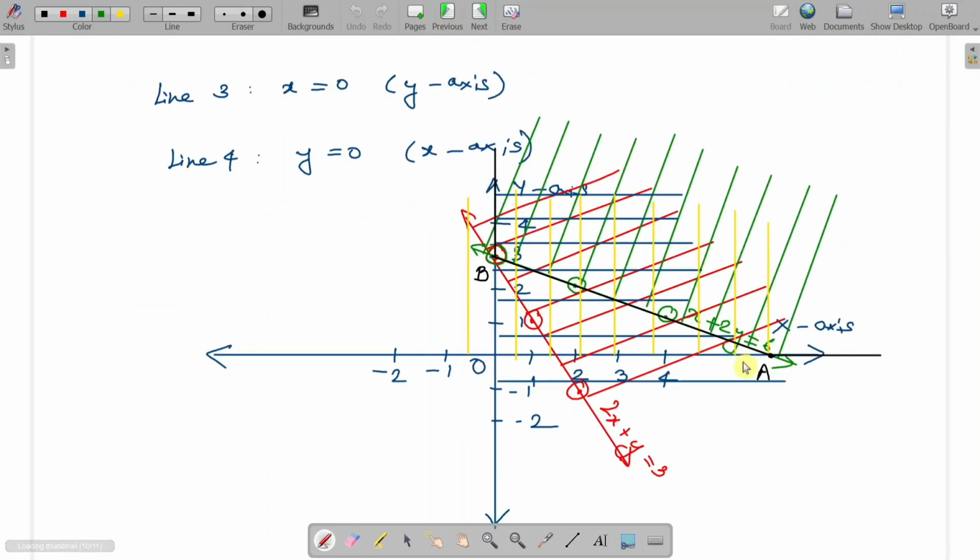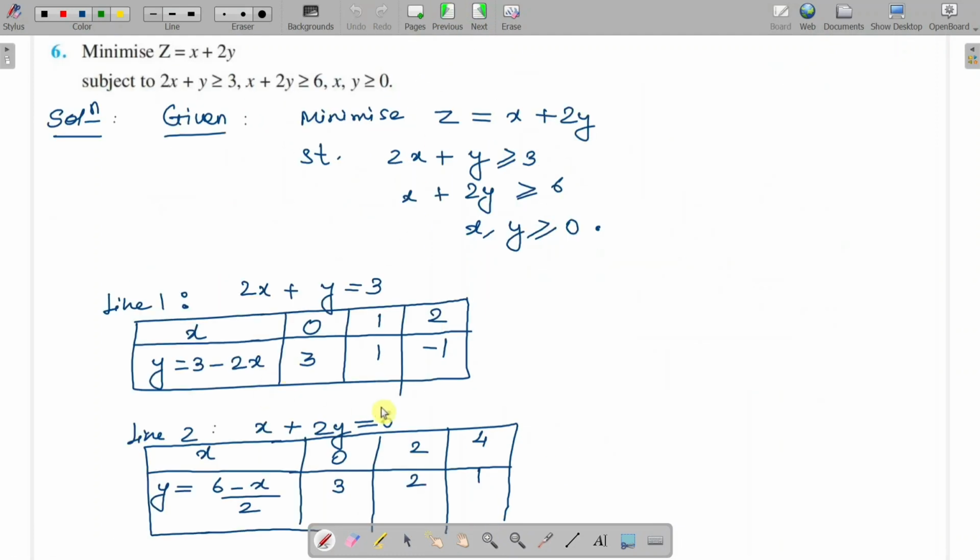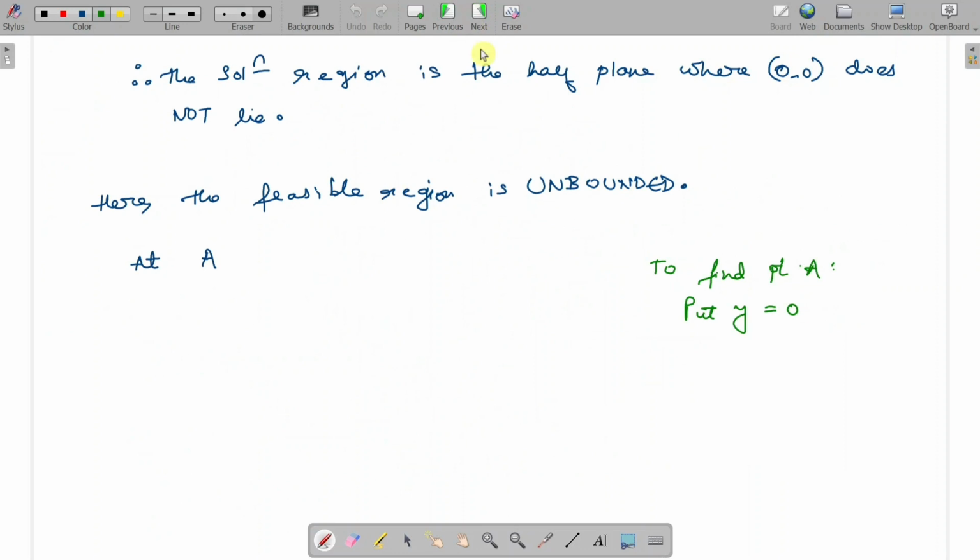Now if you look at this green line here, it intersects the x-axis, right, at point A. So to find point A, what we have to do is take y equal to 0. So put y equal to 0 in the green line, that means the second line, x plus 2y equal to 6.